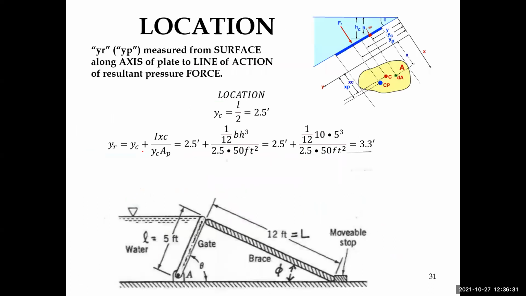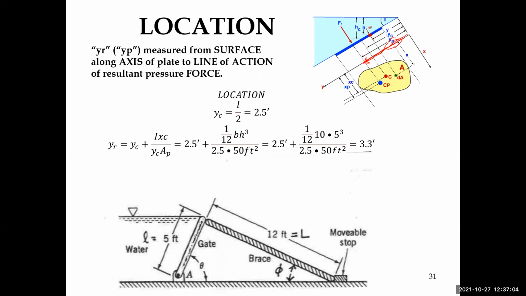So now the second step, step two along the path. There are no other options. Step one, find the value of F sub R. Step two, find the location of my resultant force, known as either Y sub R or Y sub P. And just make sure that we understand that it's always measured from the surface, parallel to the plate itself.